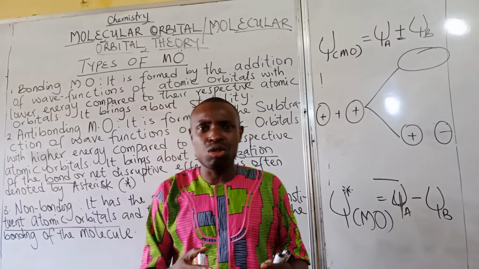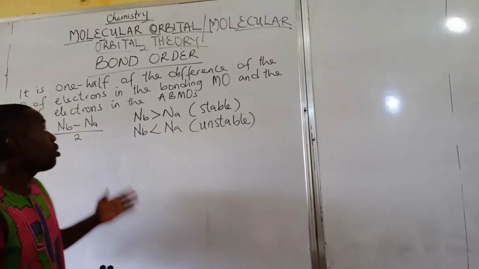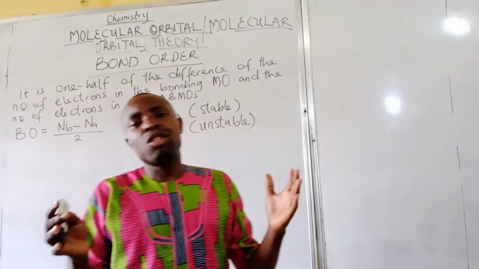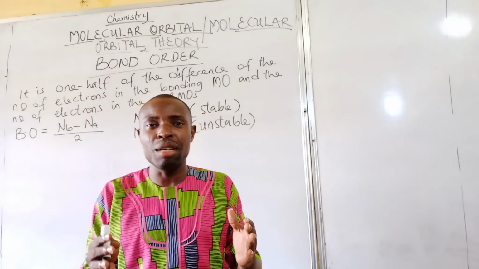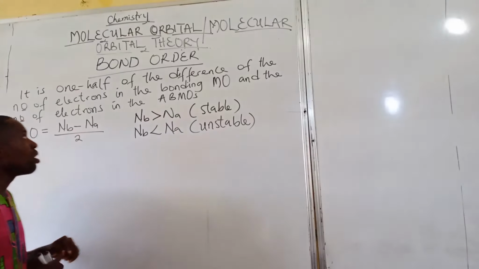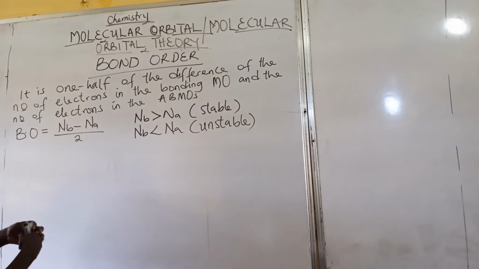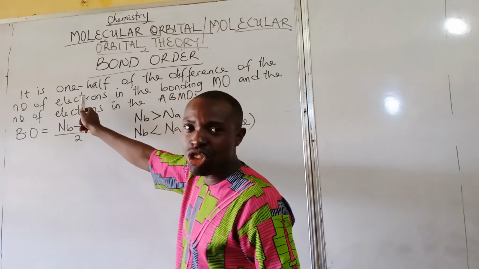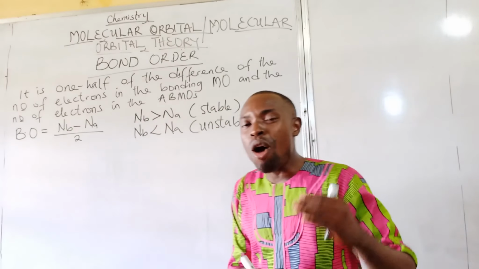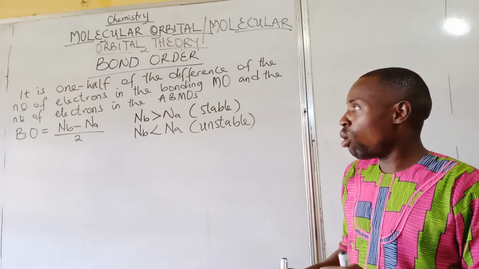Now we'll talk about what we call bond order quickly. There is so much specialty about the bond order. Now what is the bond order? The bond order is one half of the difference of the number of electrons in the bonding molecular orbital and the number of electrons in the anti-bonding molecular orbital.